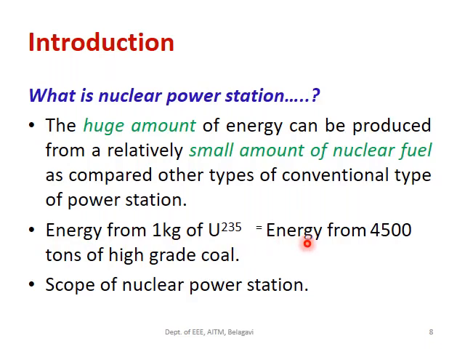The energy from 4500 tons of high grade coal. See how much less material we utilize in a nuclear power station, compared to a steam power station, where we utilize around 4500 tons of coal, whereas in a nuclear power station we utilize 1 kg of uranium to produce the same amount of energy.